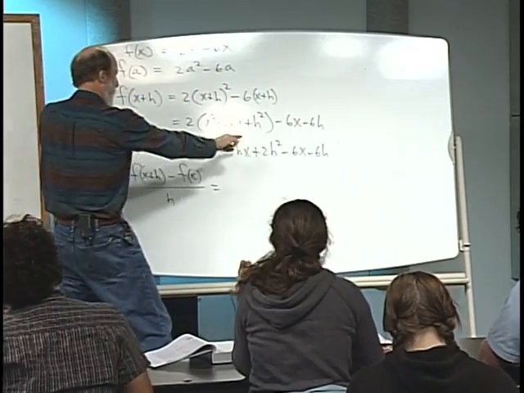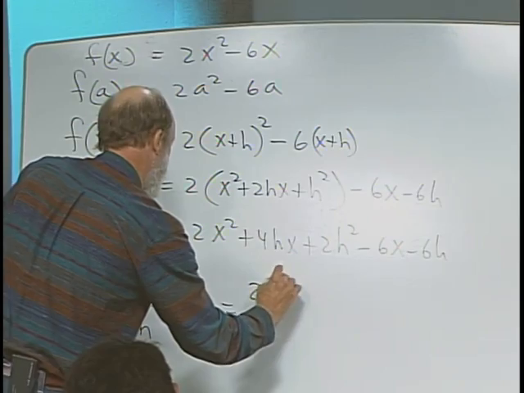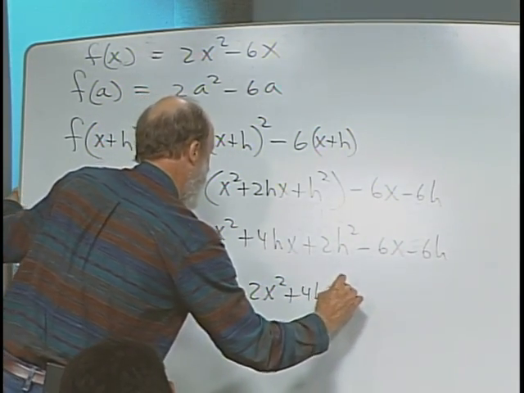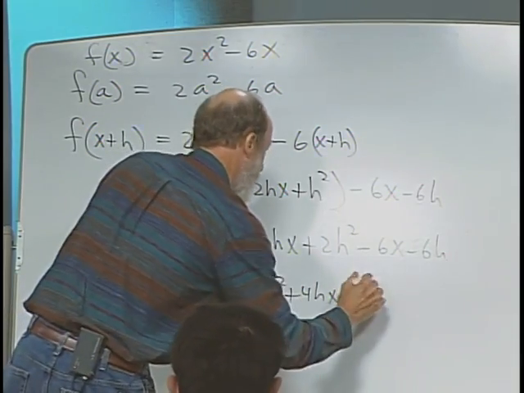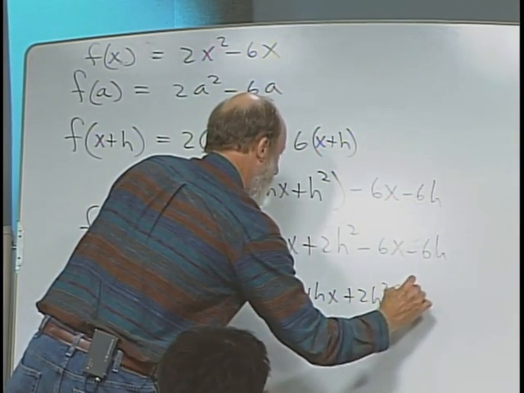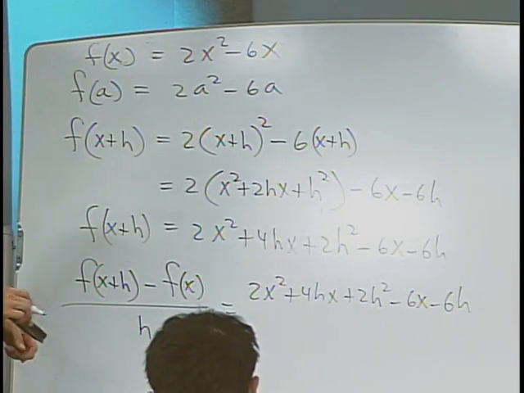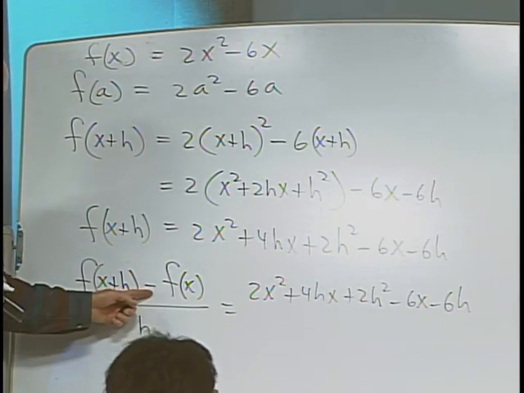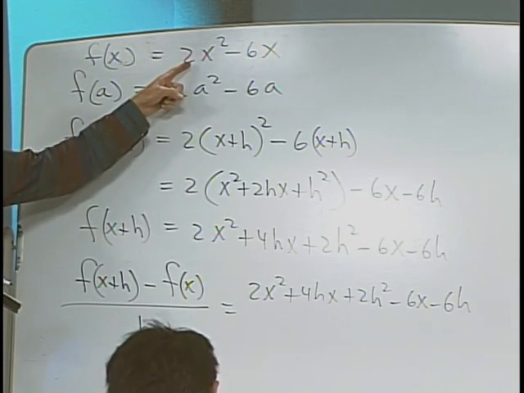So we have this mess we just created up here for f of x plus h: 2x squared plus 4hx plus 2h squared minus 6x minus 6h. Now watch out. I need to subtract from that mess the entire original recipe.